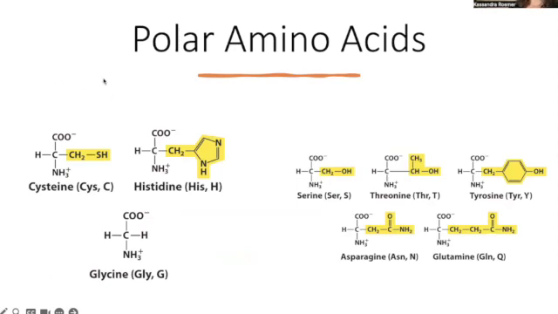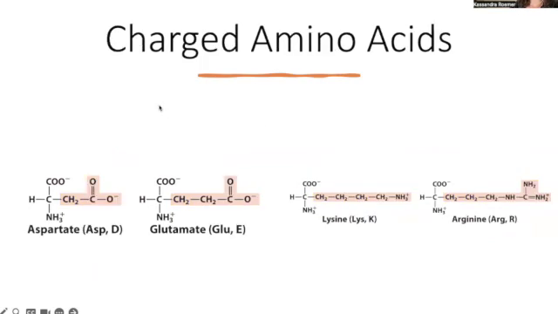Histidine, for example, carries this imidazole ring, which can act as a good buffer system. It can ionize at physiological pH and therefore act as a good buffer. Most of the other groups usually carry an OH group or an amino group that can be polarized.